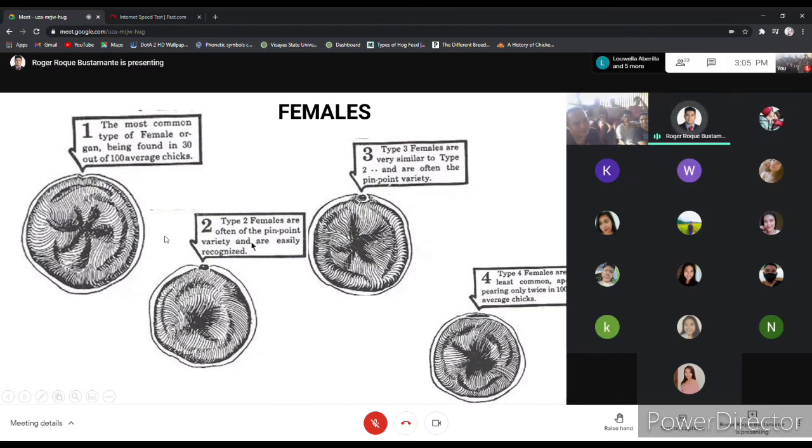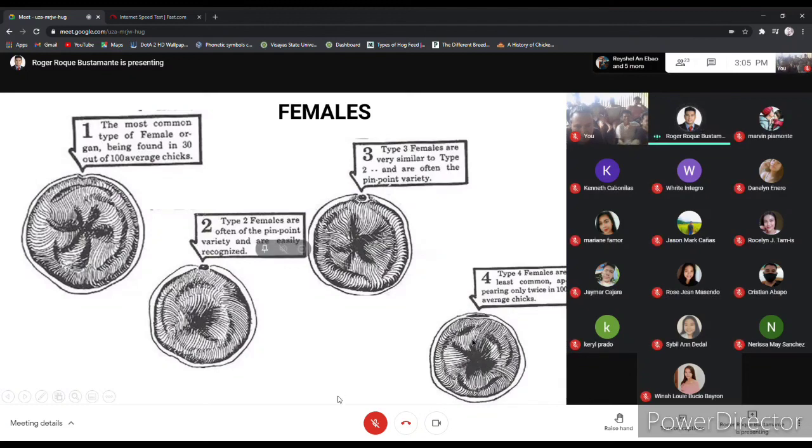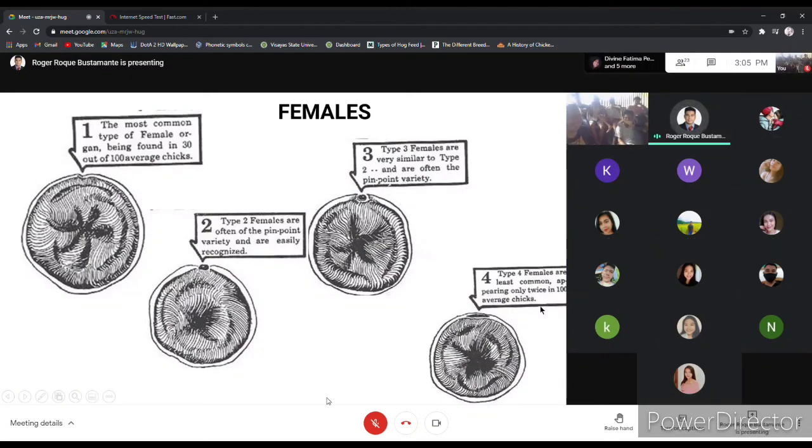Type 3 females are very similar to type 2 and are often the pinpoint variety. And type 4 females are the least common, appearing only twice in 100 average chicks. So you have to clearly differentiate the form of their organs.